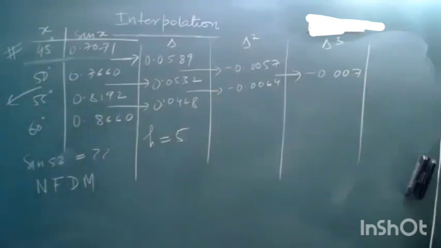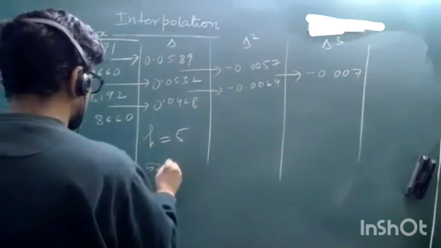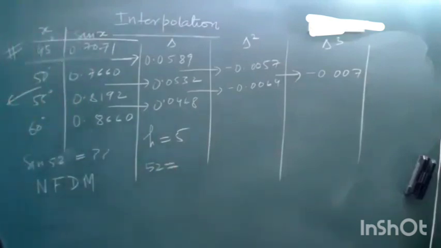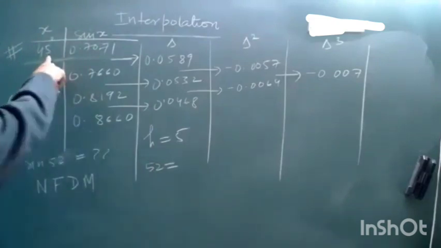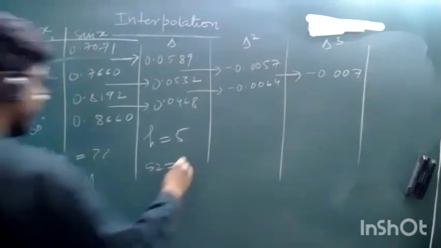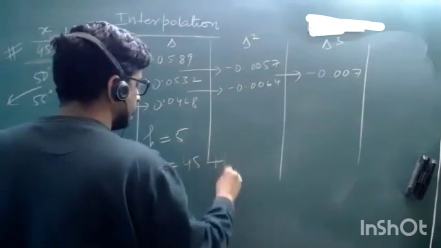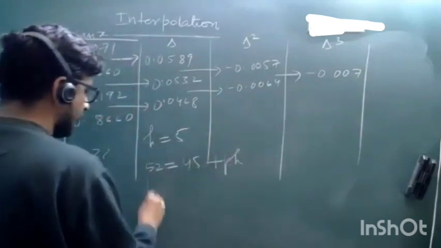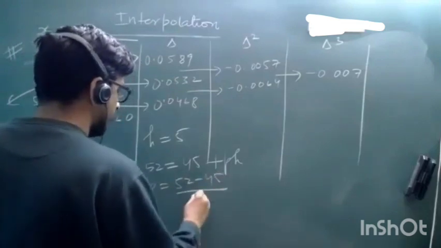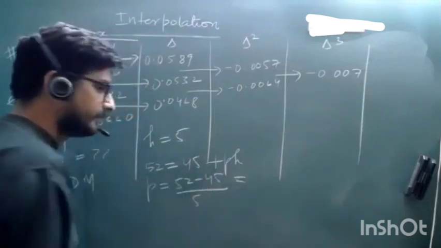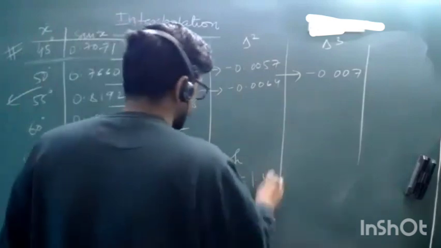So how to write the value of p? So 52 is equal to x naught is here, 45 plus ph. So what is value of p? 52 minus 45 over 5. कितना आ जाएगा? 1.4. 1.4.